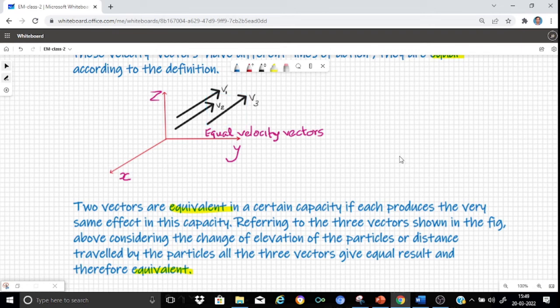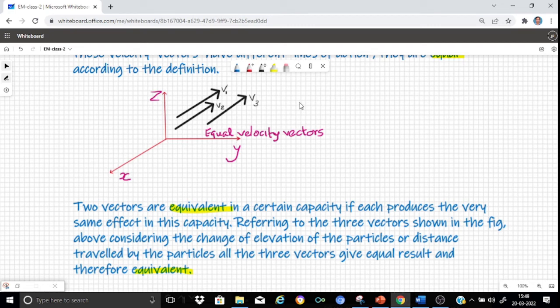Or in other words, suppose we are considering another capacity, that is, we want to calculate the distance traveled by the particles. Obviously, as v1 equals v2 equals v3, the distance covered by each of these particles in a given time span will also be the same.